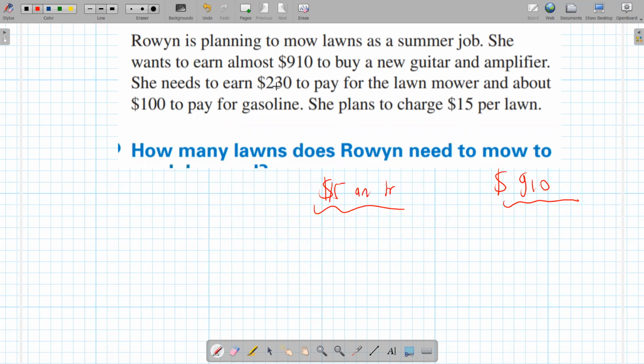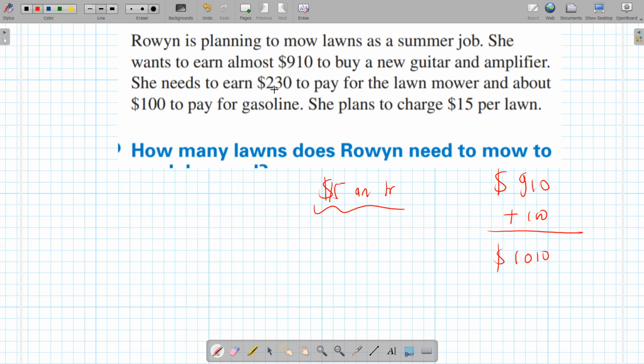What are her upfront costs? She has to pay 100 for gasoline. So you see that's going to add up to the total money, plus 100. So she has to actually earn $1,010.